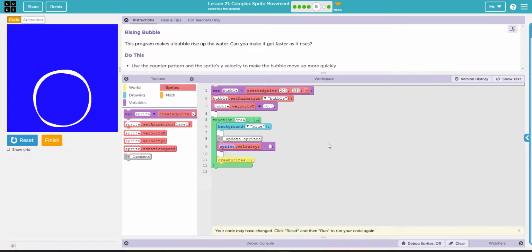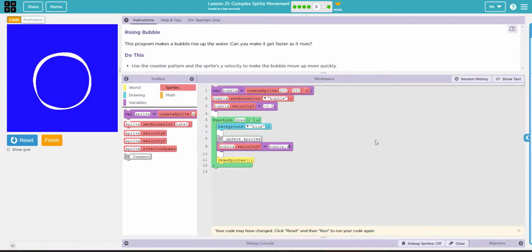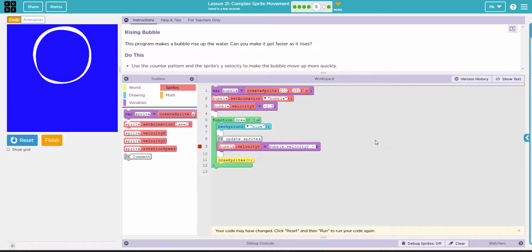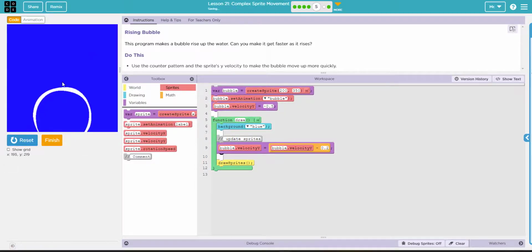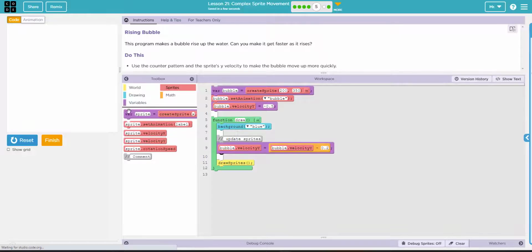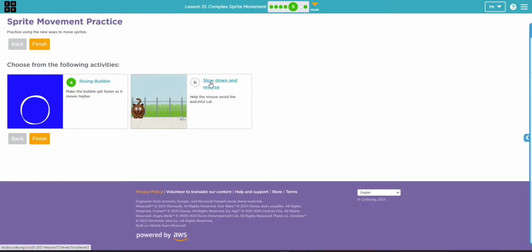So same as before: bubble.velocity y equals bubble.velocity y minus, and let's just go ahead and say 2/10. Remember, we have to decrease because on code.org the y value going up, like physically going up, is decreasing the y value. All right, we'll look at the second practice.